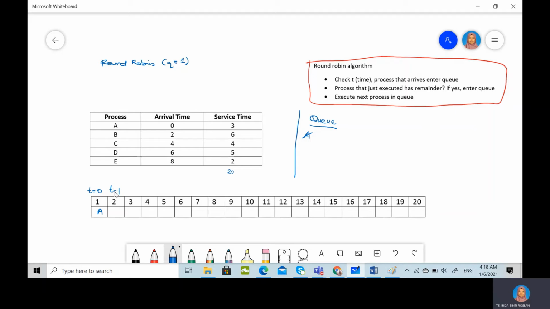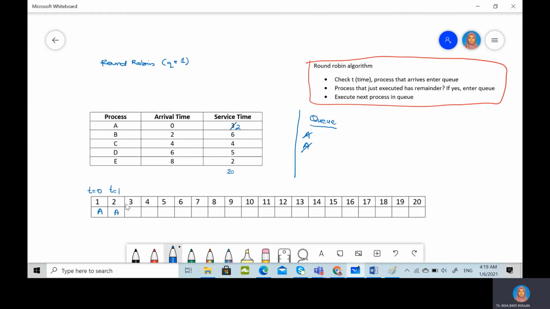When t equals 1, does any process arrive? No, only A. So again we check the second rule. The process just executed is process A. Does it have a remainder? Yes, A has another 2. So we put it in the queue. Next, execute the next process in the queue, which is A.